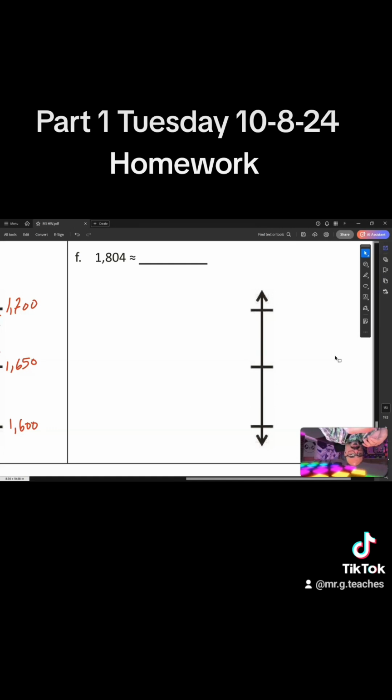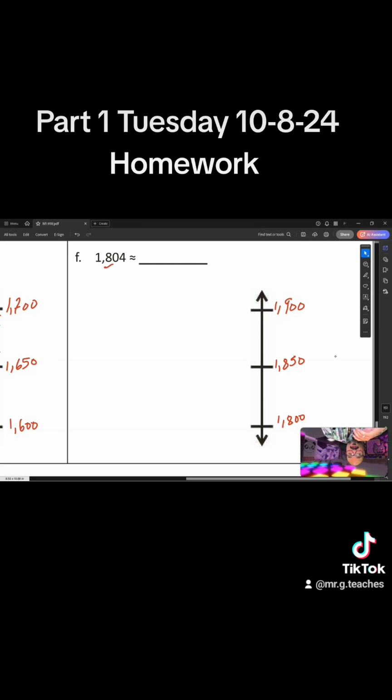1,804. Excuse me. Thousands place, leave it alone. We're doing the hundreds. So is the 8. So 1,804 is in between what hundreds? 1,800 and 1,900. Halfway would be 1,850. So now I need to plot 1,804.